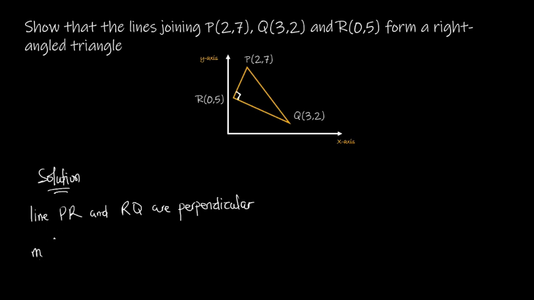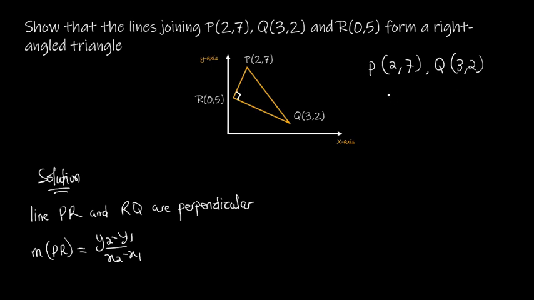So the gradient of PR, line PR, will be equal to y2 minus y1 on x2 minus x1. As usual, I'm going to write my points: P is 2, 7, my Q is 3, 2. So I have PR. So this is P. Let me write R over here. So R is 0, 5.